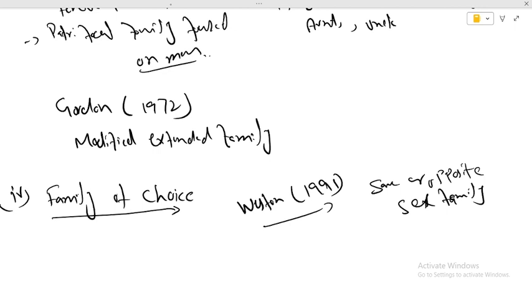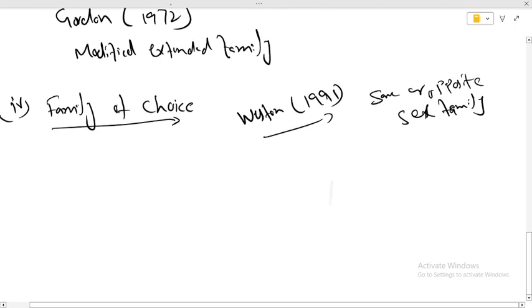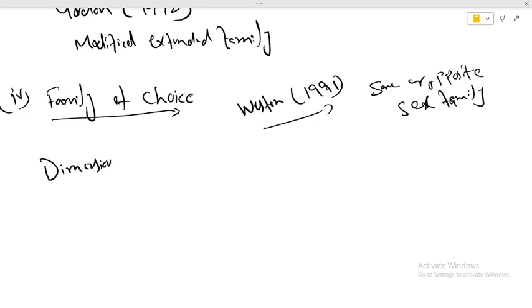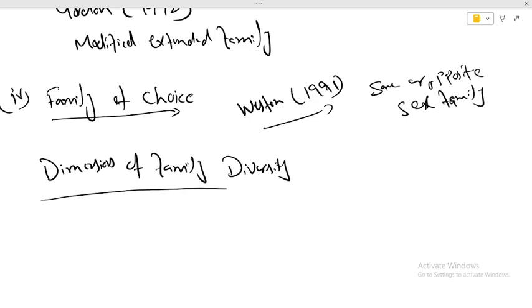Then there are some dimensions of family diversity.